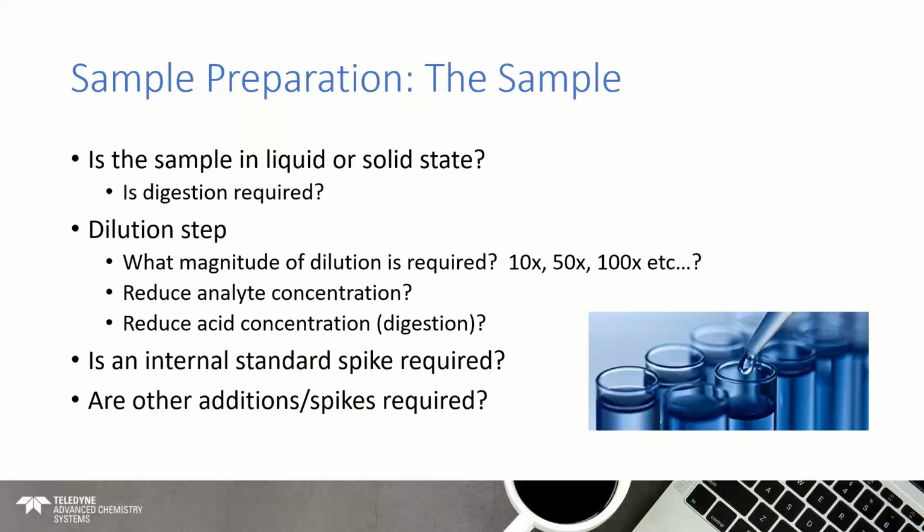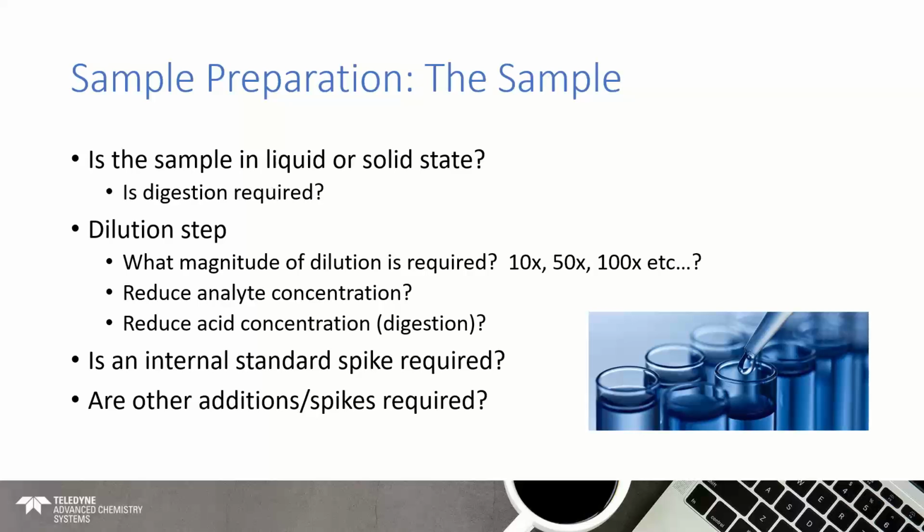Then you move on to the next bit. If you've had to digest it, you will likely then have to do a dilution step. You most likely have to do a dilution step anyway, and that's typically the case for most samples for a trace element laboratory. So what is that dilution step for? Is it to reduce the analyte concentration to bring it into a certain range so it's most suitable for detection?